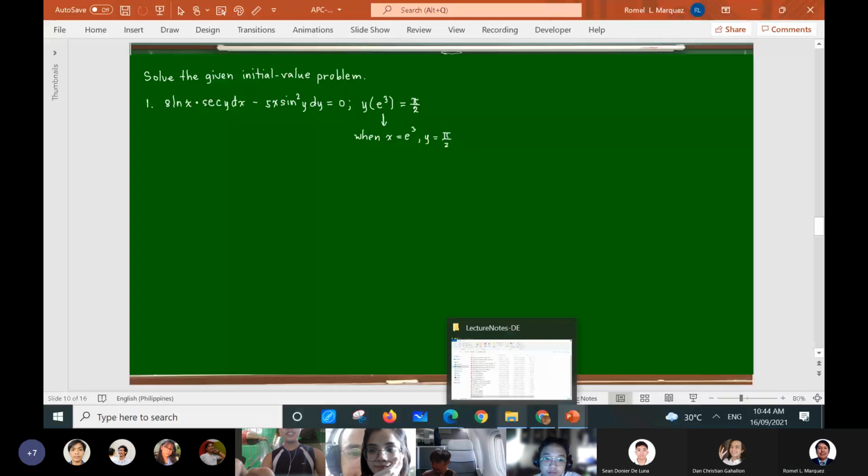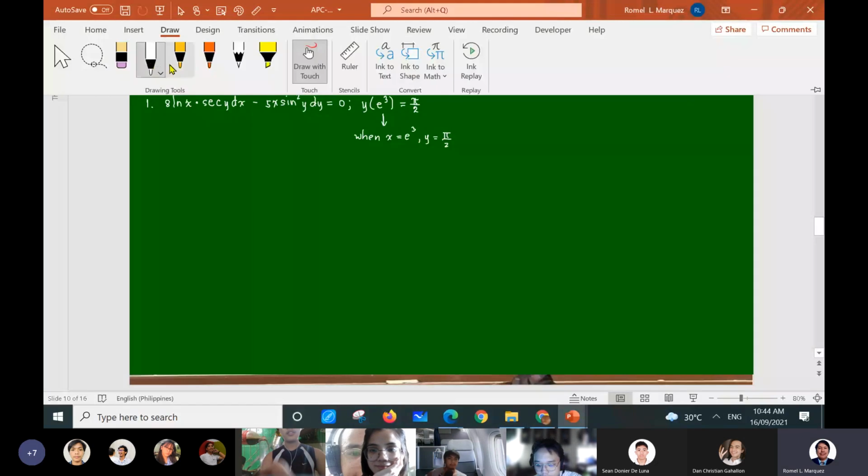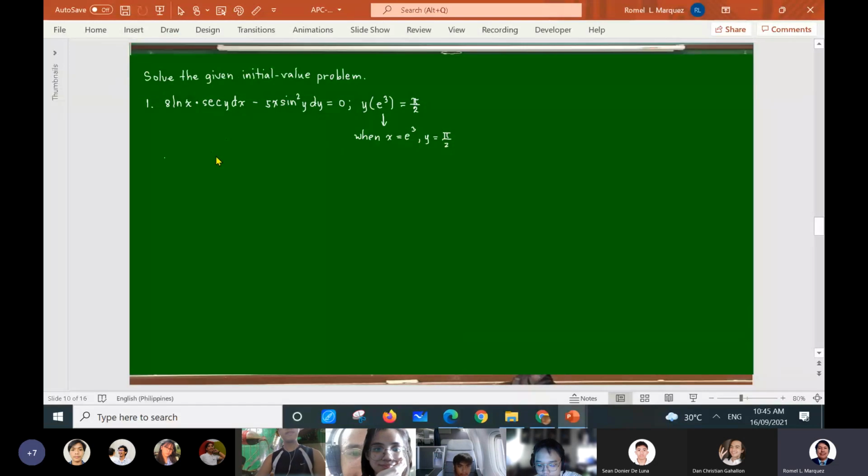So to solve this initial value problem, we need to get the general solution first.